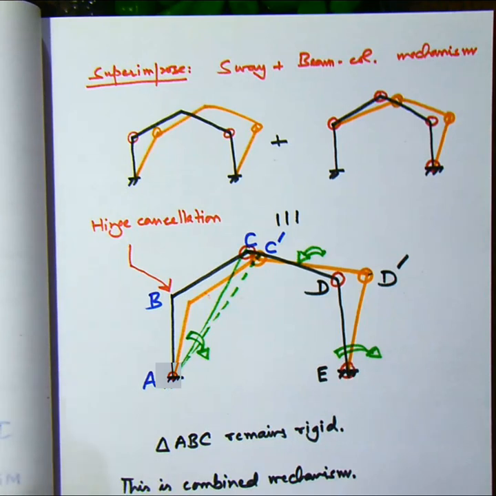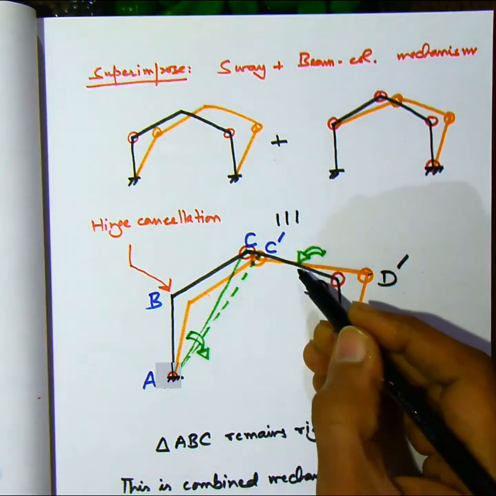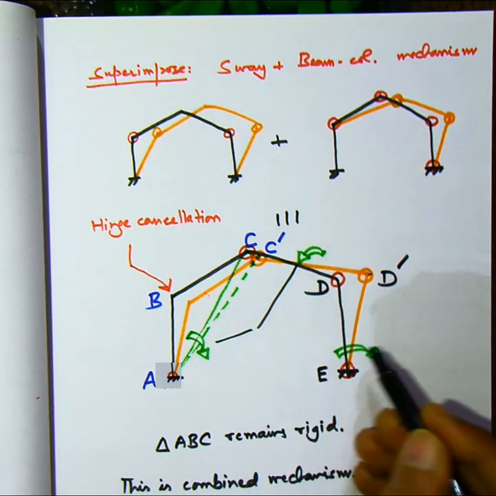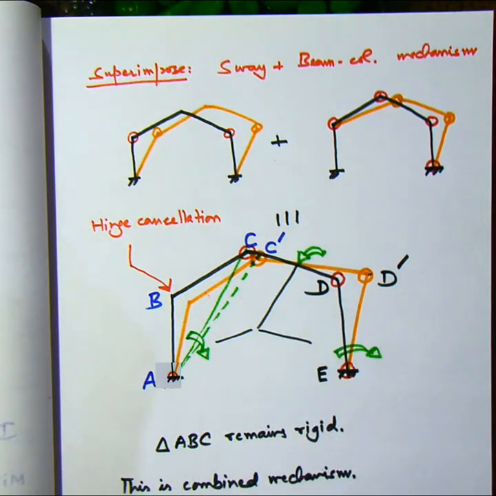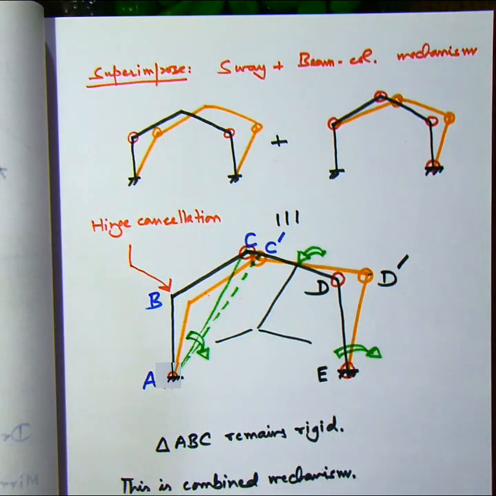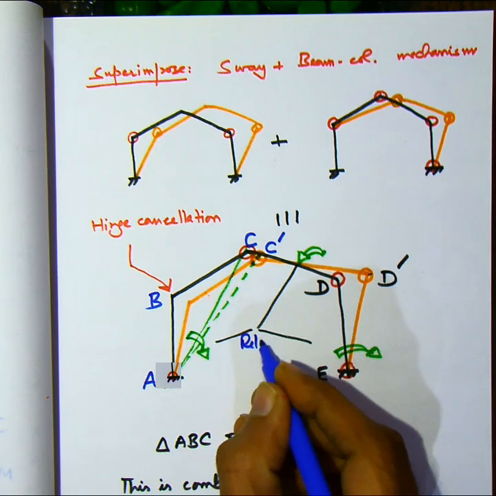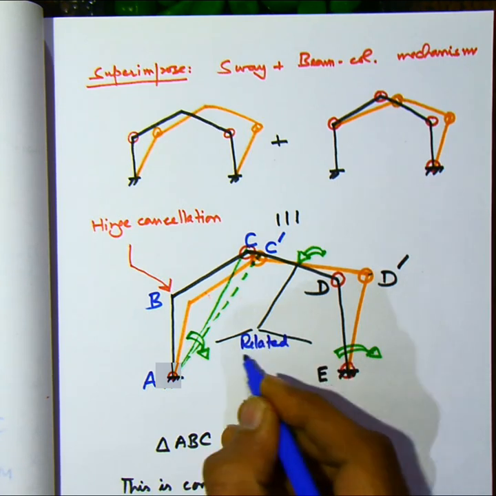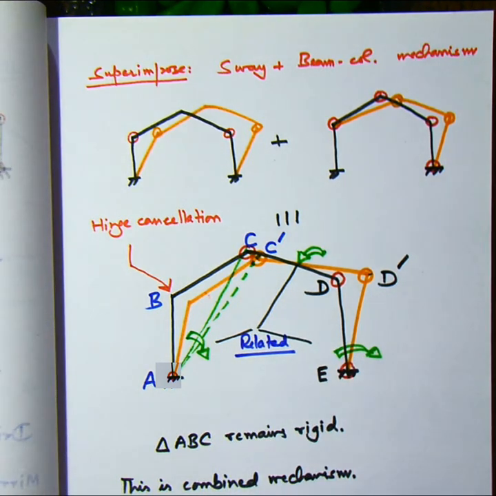All the three members, one member I am counting ABC as a single member, then we have CD and DE, they undergo rotations and they are all related to each other.